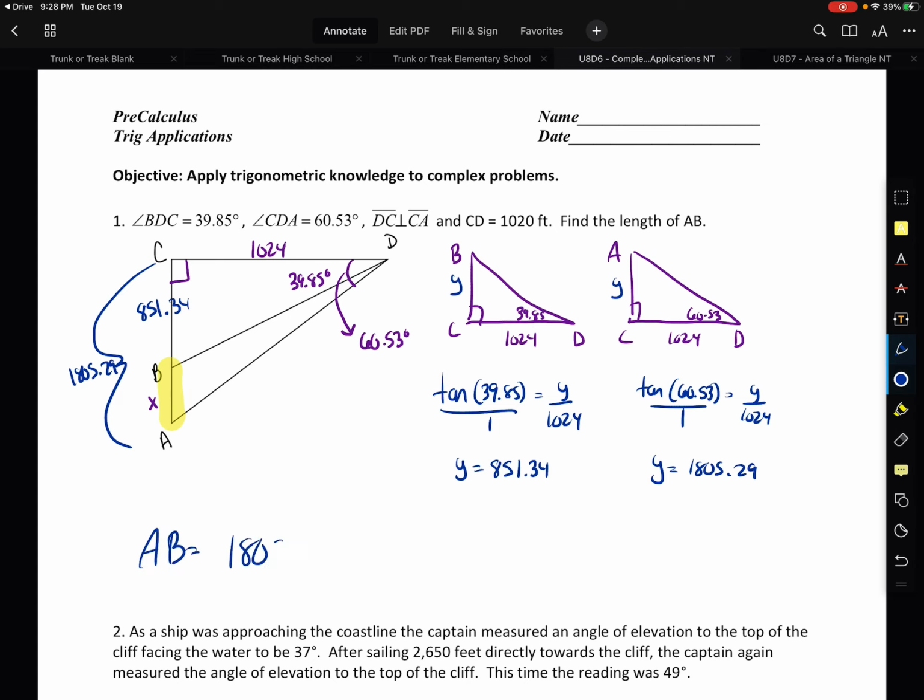So how do I get AB? AB equals 1805.29 minus 851.34, and that gives me my final answer. Obviously not drawn to scale, but that's what I get. Even though there are multiple pieces going on, keep it simple. It's a SOHCAHTOA problem.